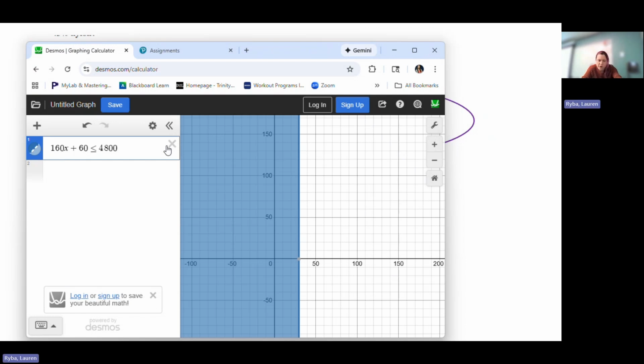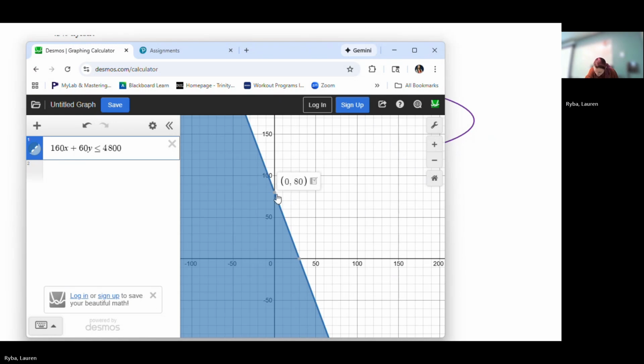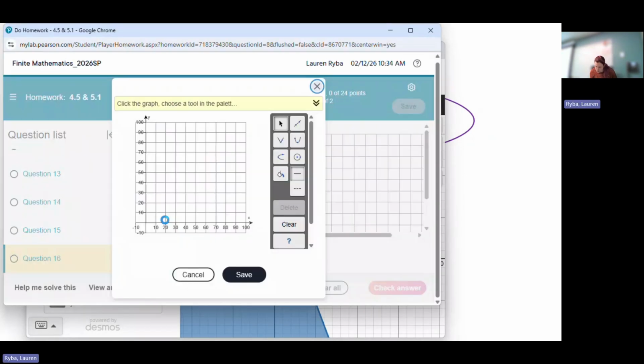And I forgot my y. Okay, so I'm doing this just so I know I got to go to the y-axis for 80, the x-axis for 30. 80 and 30. Okay, so I'm going to enlarge. I'm going to make my line 80, 30.